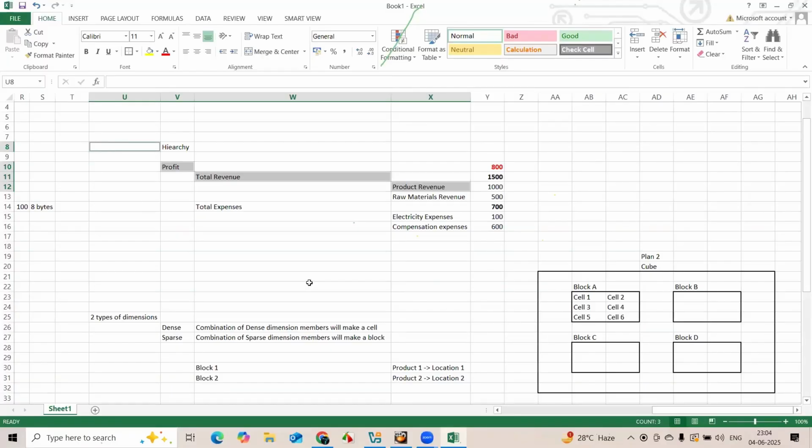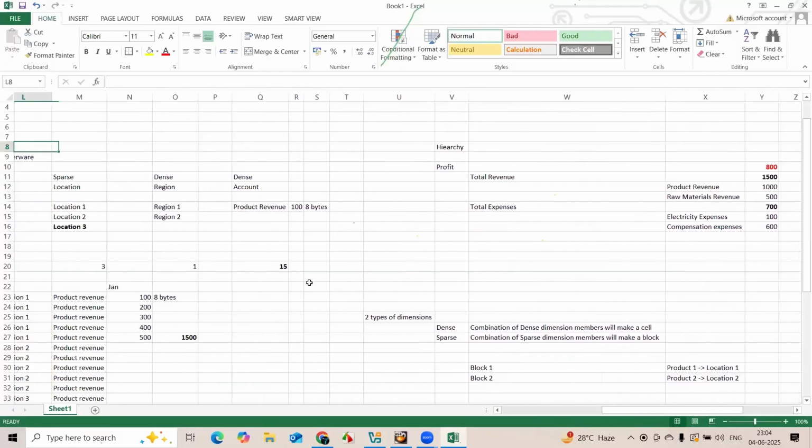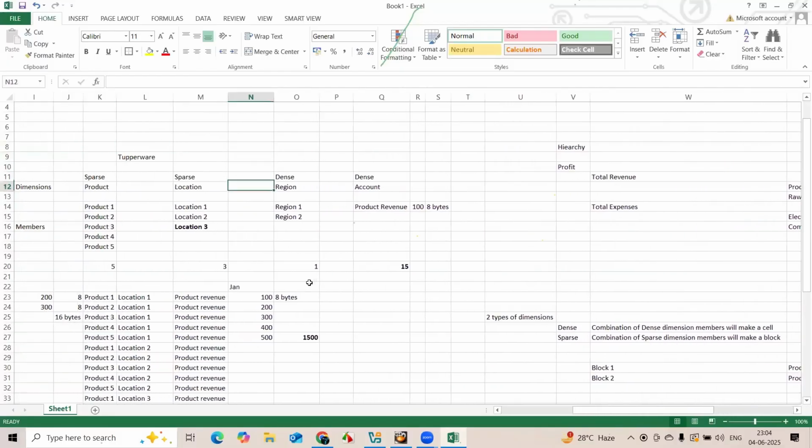So one criteria is that if a dimension is holding a large amount of values, and if that dimension has multiple levels, more than 8 or 9 levels, then you can tag that dimension as dense. Otherwise, if it is not holding much of the data, if it is not consistent and has fewer levels compared to the other dimensions, then you can tag it as a sparse dimension.